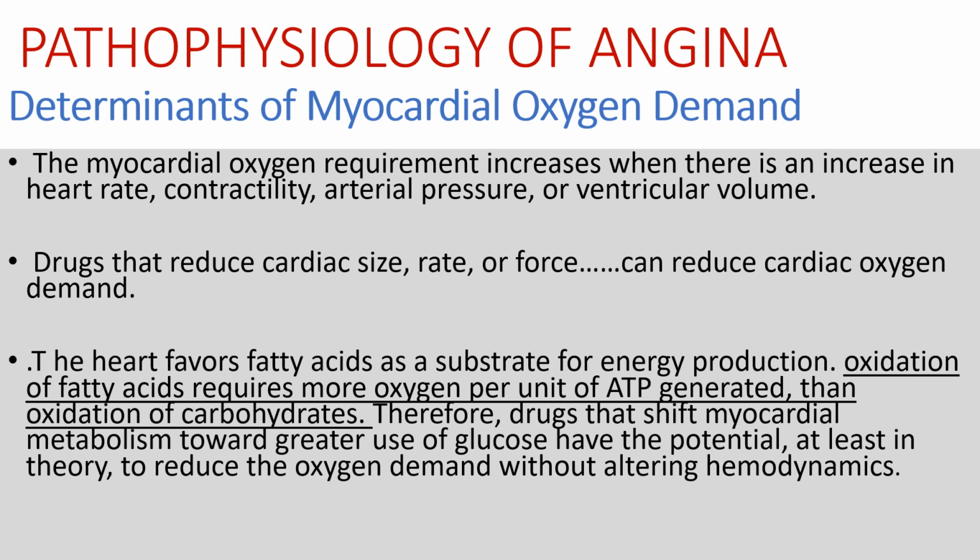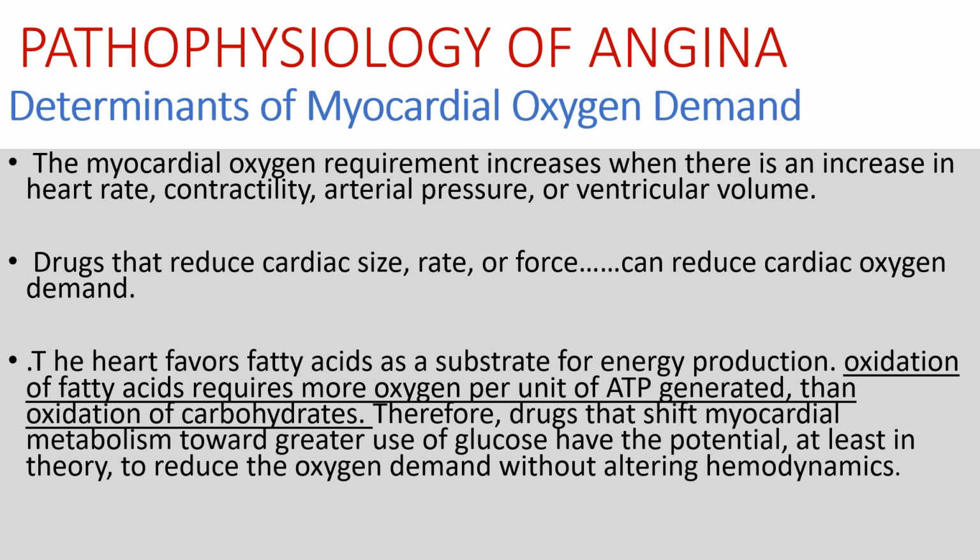An increase in heart rate, increase in contractility, increase in arterial pressure, or increase in ventricular volume: all of these will increase the oxygen demand of the heart. All the drugs that reduce these determinants can reduce cardiac oxygen demand.